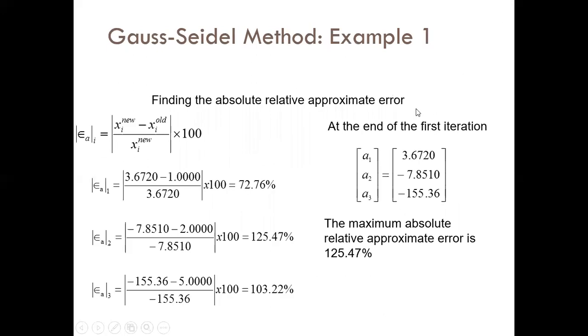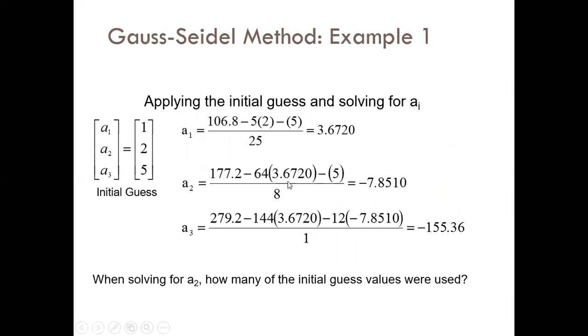Now we use the value of A1 as 3.6720 minus 5 into the value of A3, which is 1. By solving this, we get minus 7.8510. This is the value of A2. Then A3 is equal to 279.2 minus 144 A1 minus 12 A2 divided by 1. Put the values of A1 and A2 in that equation.